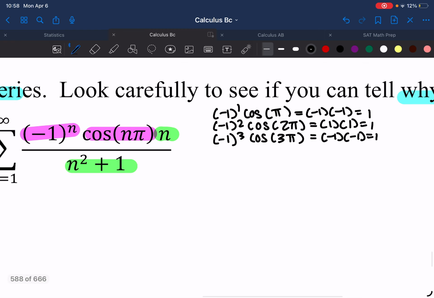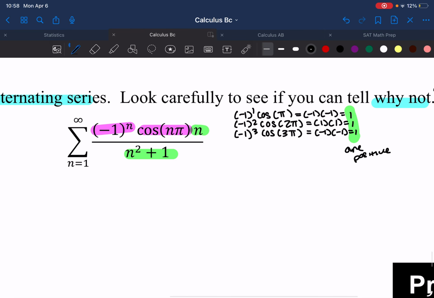Notice that all of these are positive, which means the values are not alternating back and forth. So even though we have two alternating functions here, together they cancel each other out and remain positive. Also, a sub n, which is n over n squared plus 1, no matter what n value we plug in, is always positive. So that is the reason why this is not an alternating series.